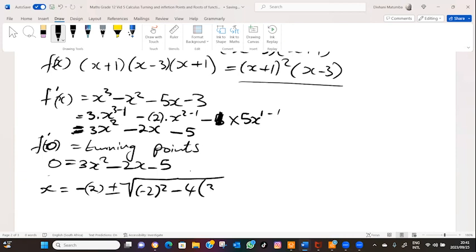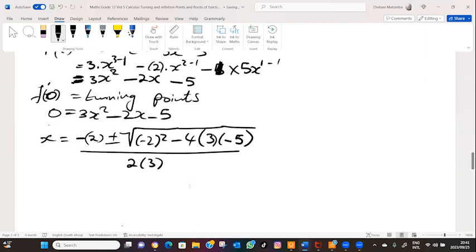Now your a is 3, your c is minus 5. Now let's see what we have over 2a, which is 2 times 3. All right. Now we're going to have 2 plus or minus the square root of 4, 4 times 3 is 12.